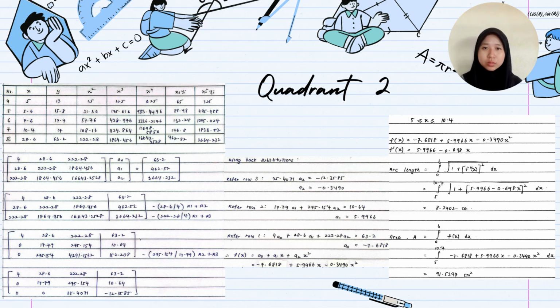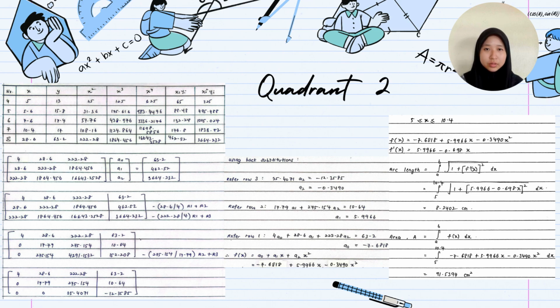For quadrant 2, the analysis covers the interval from x equals 5 to 10.4. First, we do the matrix elimination. The matrix built from the data table is reduced into an upper triangular form to clear out the values below the diagonal. Next, we do the back substitution, solving the rows from bottom to top, to establish the final curve formula.